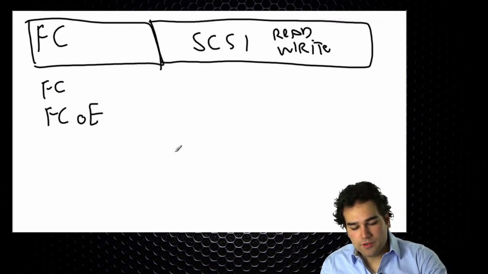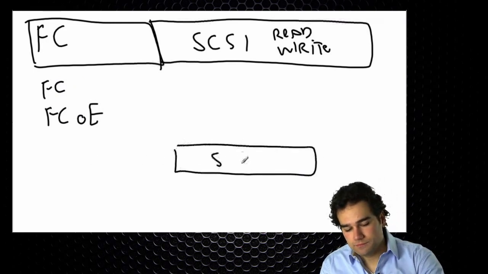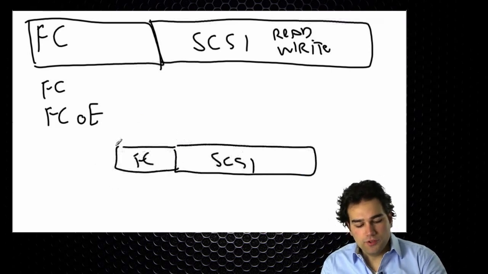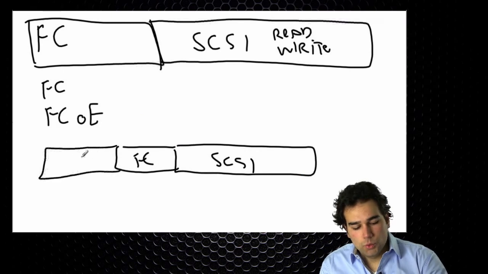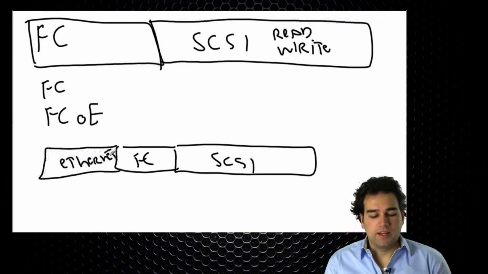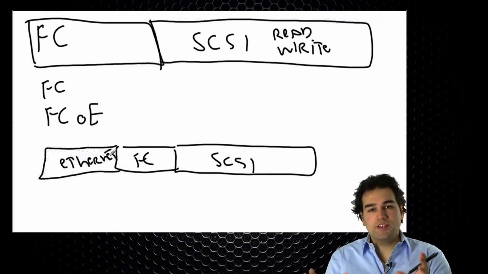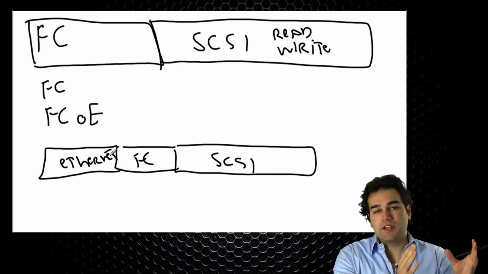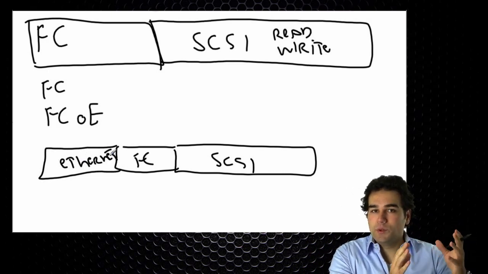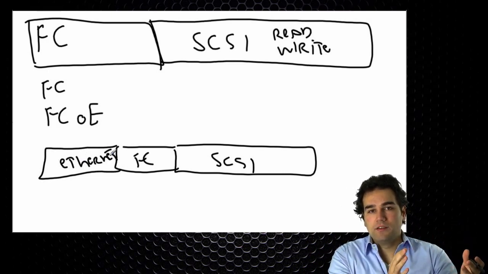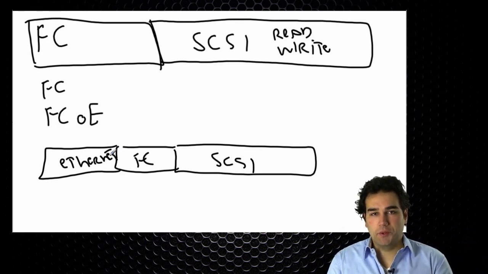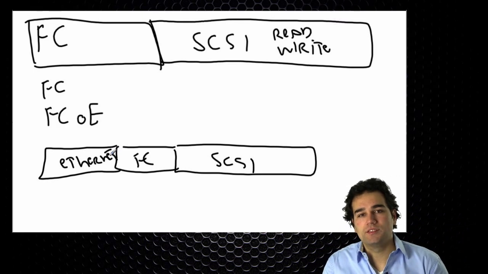So we have our SCSI frame here, we have still that Fibre Channel header, and then in front of that Fibre Channel header we place an Ethernet header. And that Ethernet header is just used as a transport from the first side of the link to the other side of the link. Because on the other side of the link we will decapsulate the packet and start processing the Fibre Channel frame just as we would do in a normal Fibre Channel switch. Well, we talked about this last week.